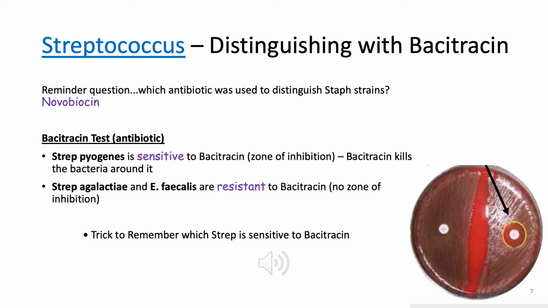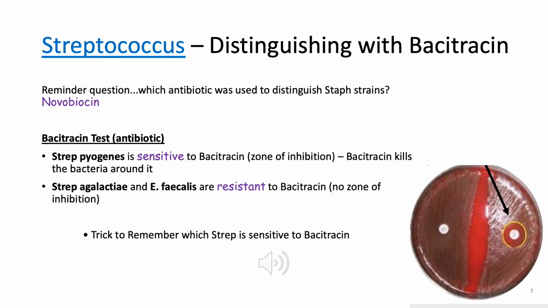And you've heard of bacitracin before, like in triple antibiotic ointment that you can buy over the counter. So bacitracin is a type of antibiotic, and you can see in the picture here, it's a disc that can be put on the plate to see if the strep bacteria is sensitive to it or resistant to it.